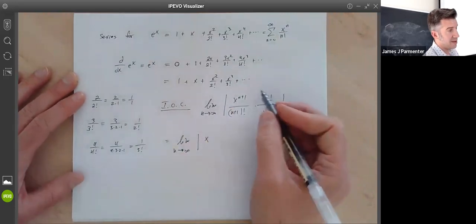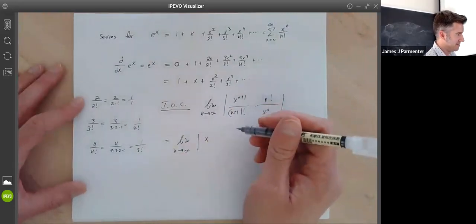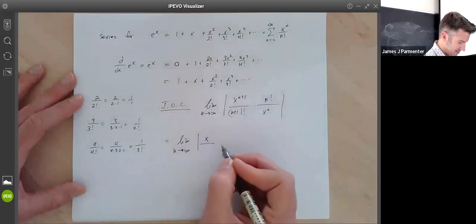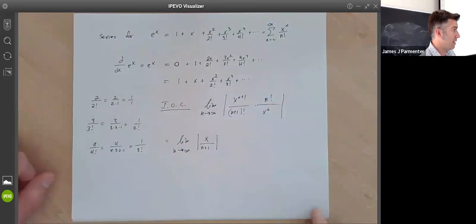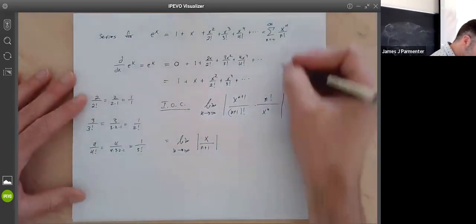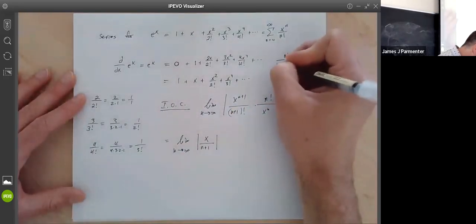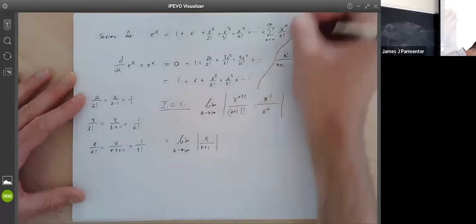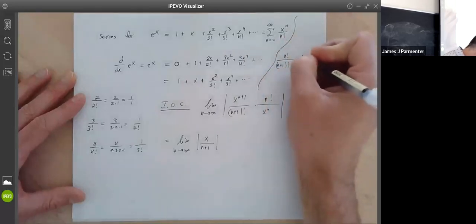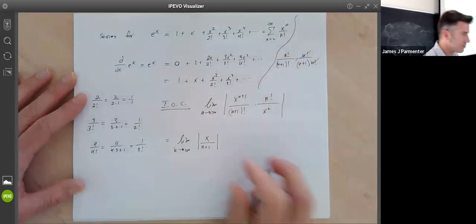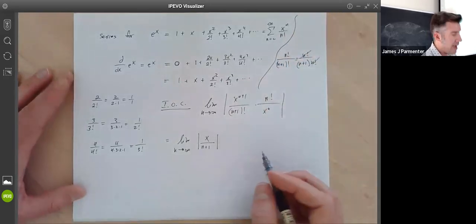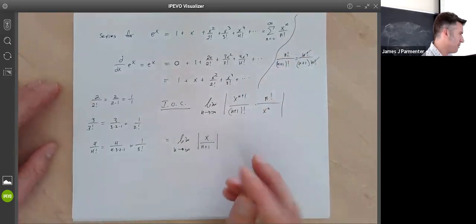And what's n factorial over (n plus 1) factorial? The factorials cancel, right? That's just n factorial over (n plus 1) times n factorial, and those cancel.